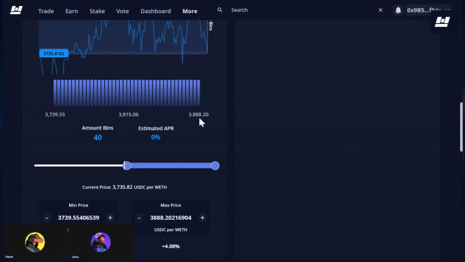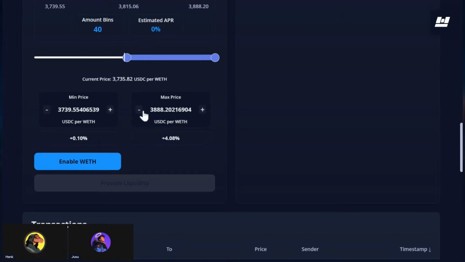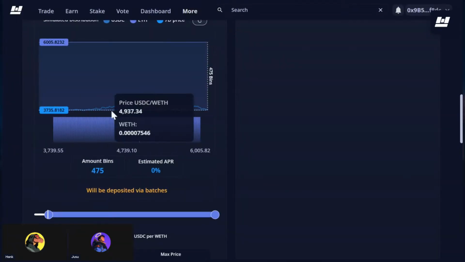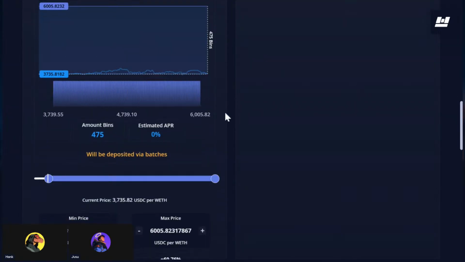But let's say I want to have it way further. Let's say I want to scale out until the price of, I don't know, what did Ben Cohen say recently? 7.5K or something. So what I can do here is put in a price. I say 6,000. I type it in, and then you can see this is the entire price range I would allocate over, and the number of bins is 475.